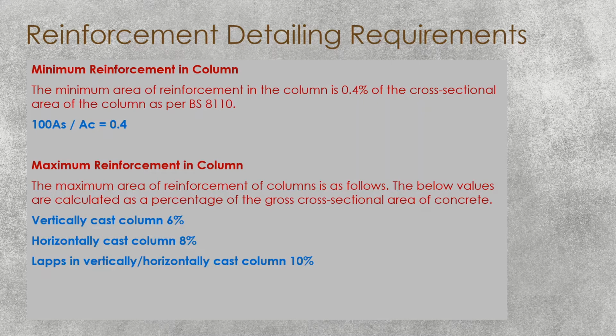The maximum reinforcement area from the cross-section of the column: for vertically cast columns we have to maintain 6%. For horizontally cast columns, if we have horizontally placed columns, it should be about 8%. Laps in vertically and horizontally cast columns should not exceed 10% of the cross-sectional area. So these limits should be followed when you are doing the reinforcement detailing. The maximum limits should not be exceeded because there will be issues in the structure.